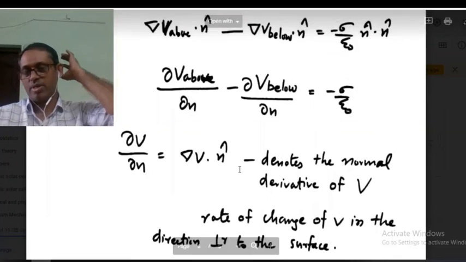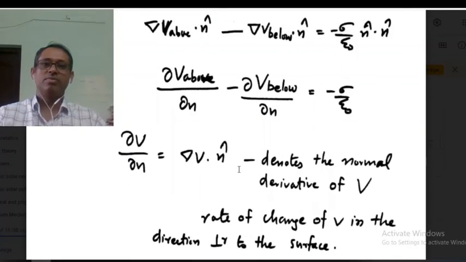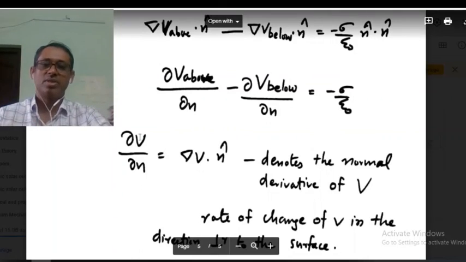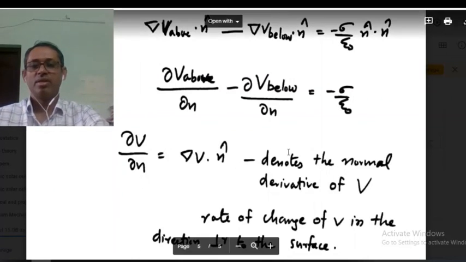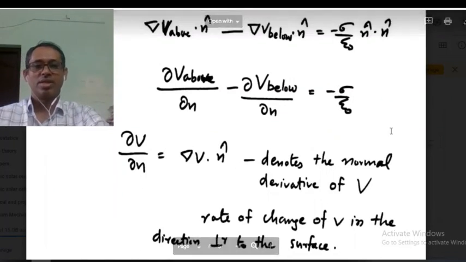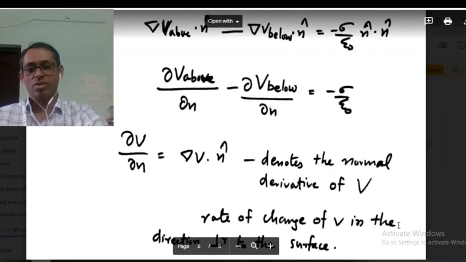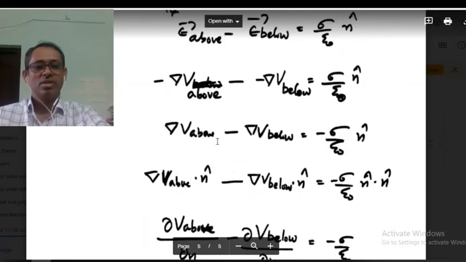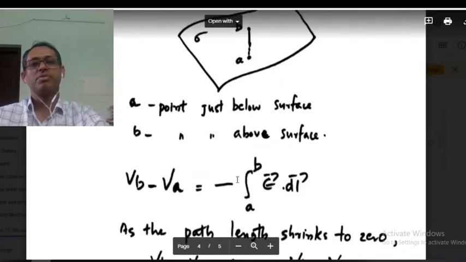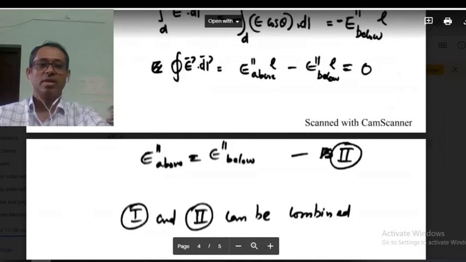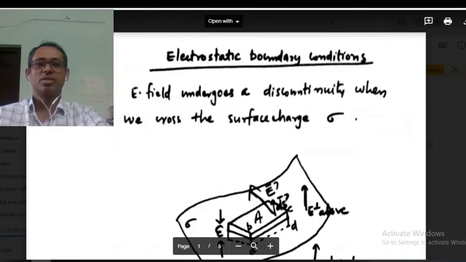The potential is continuous, but the normal derivative of the potential is discontinuous, equal to minus sigma by epsilon 0.